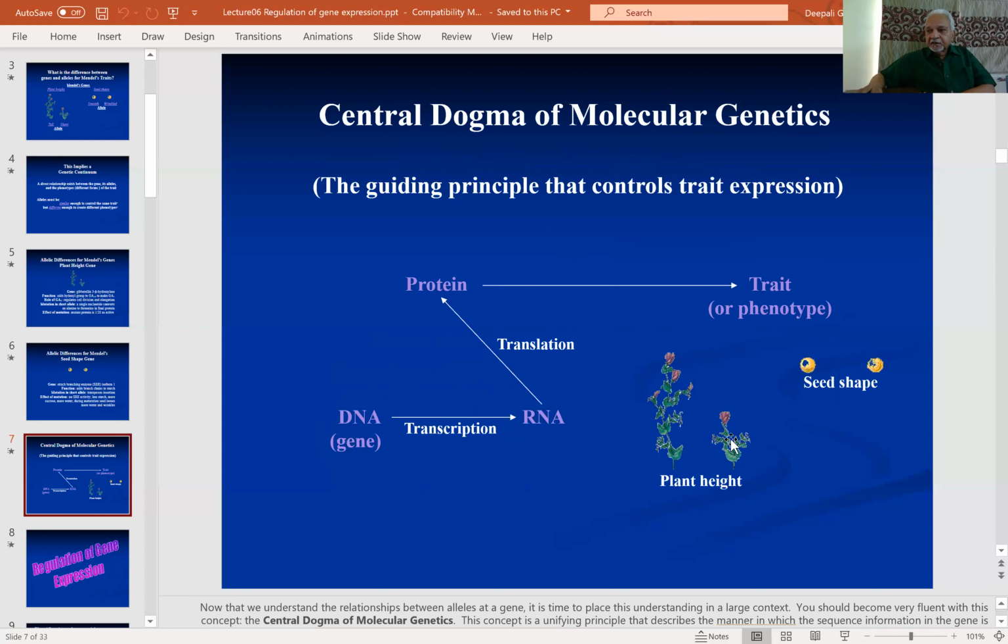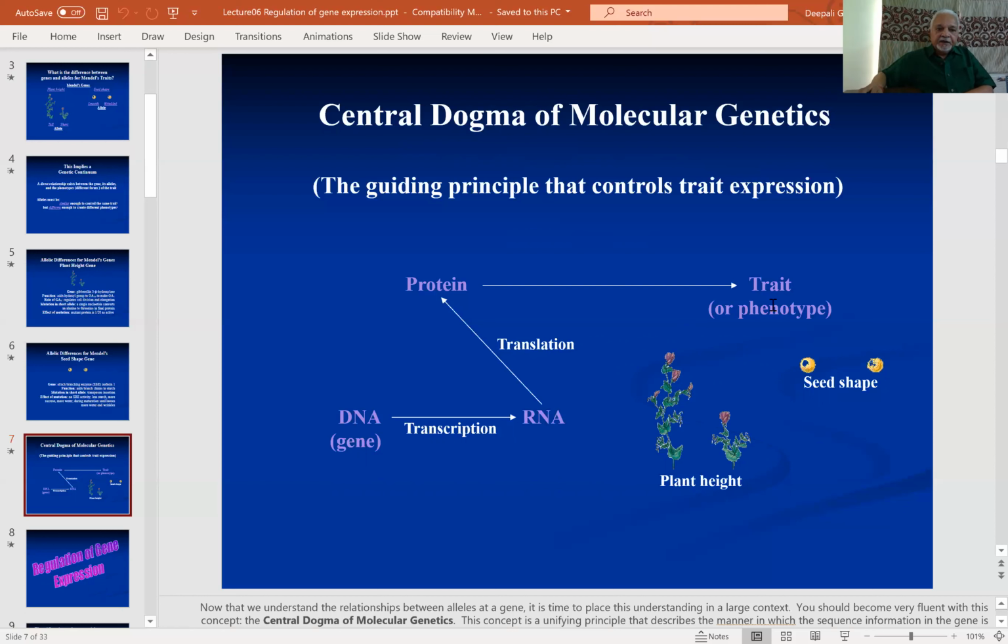That is either the plant height or the seed coat. This is an example, but now we know that that's how all the traits are controlled, from gene to protein, and protein to phenotype. So the simple relationship has been generated between the gene and the phenotype via proteins.